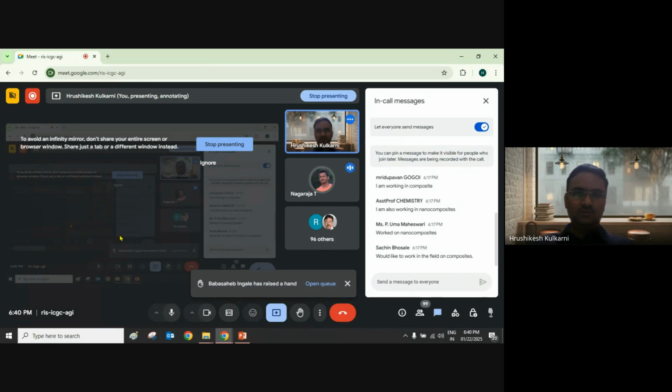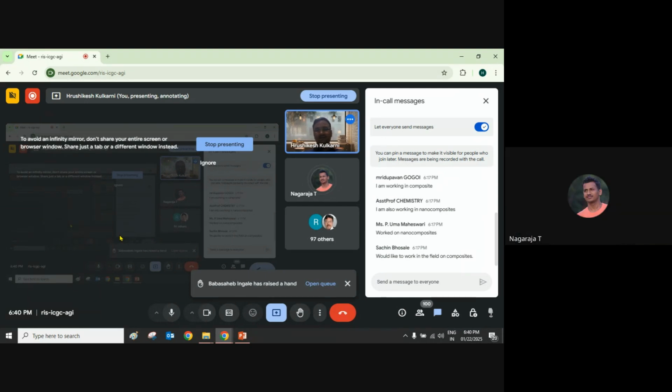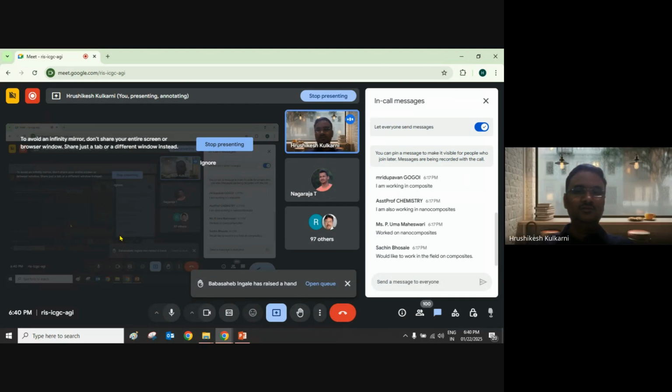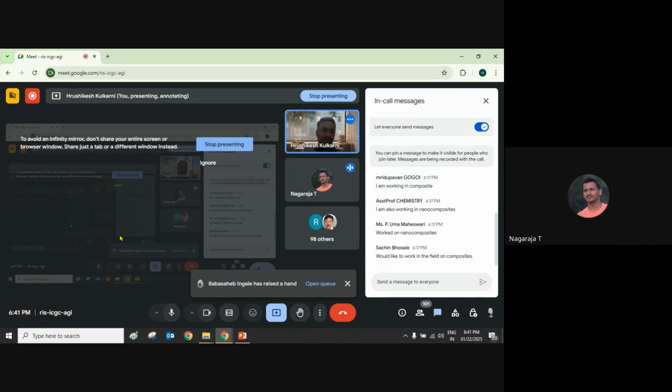There is one factor, called the solvency factor. If the solvency factor is higher, the filler will get dissolved easily. But later on, you have to remove the solvent from the process. If the solvent remains inside the composite, in future it will degrade your properties or you will not get the desired output. Okay, sir. Thank you, sir.